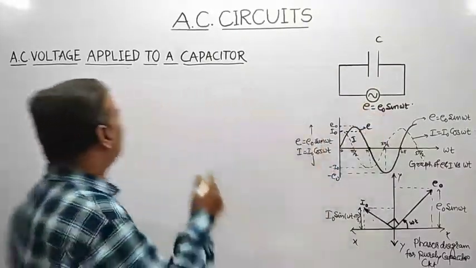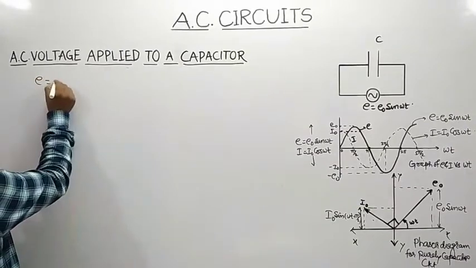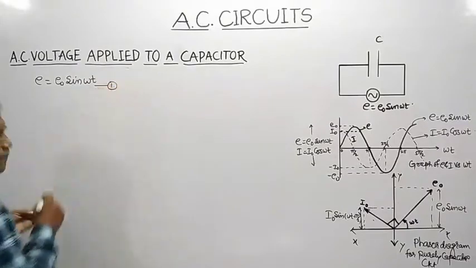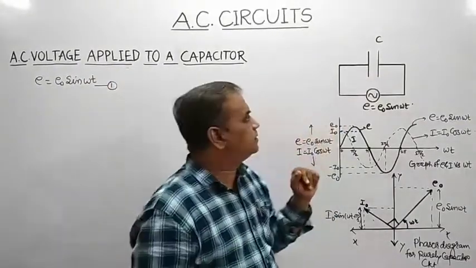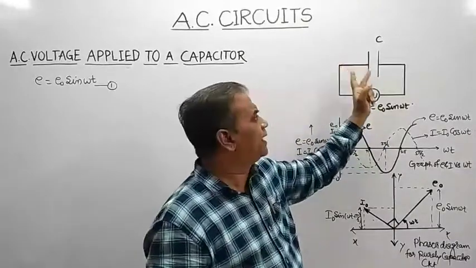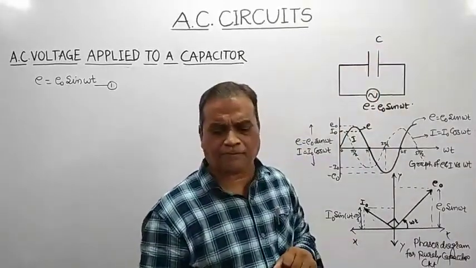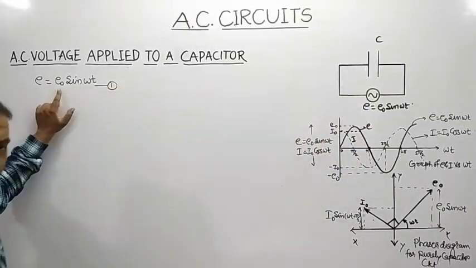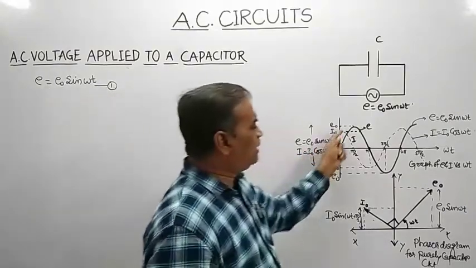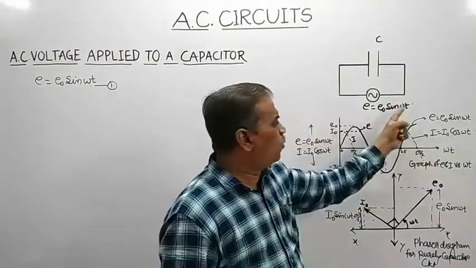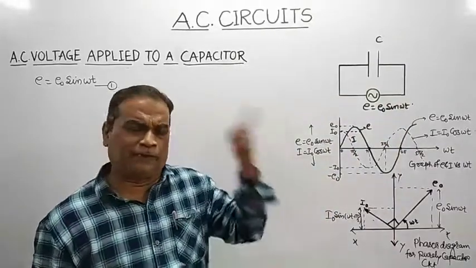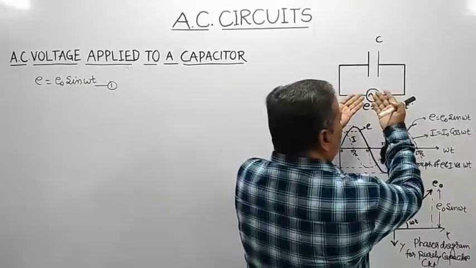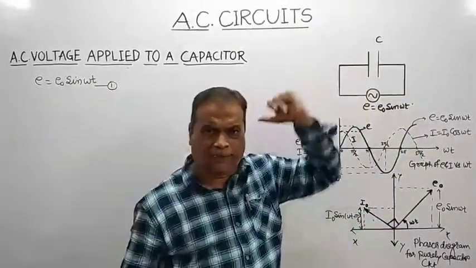So a source of alternating EMF E equal to E0 sine omega t is applied across a capacitor or condenser of capacity C, where E0 represents the peak value of alternating EMF, while omega represents the angular frequency of rotation.